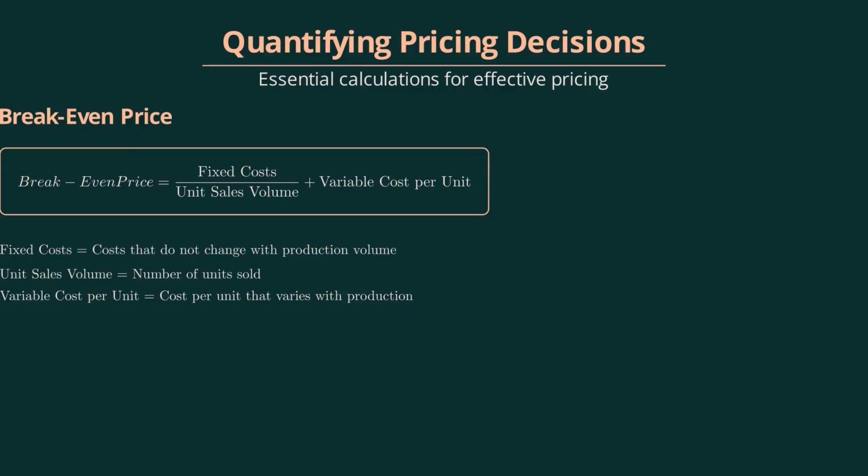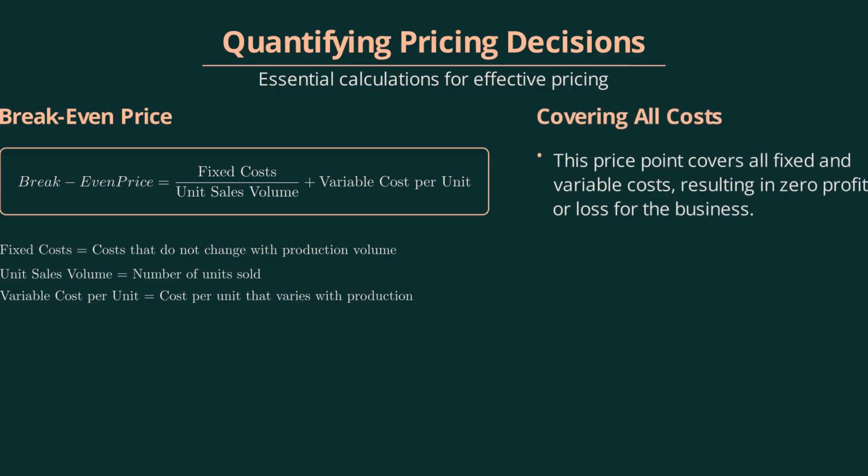The unit sales volume refers to the total number of individual products or services that you manage to sell. Variable cost per unit is the expense directly tied to producing each single unit, changing with your output. This formula helps you identify the price point where you cover all your costs, without making any profit or loss. It's the exact price where all fixed and variable costs are covered, meaning your business breaks even.